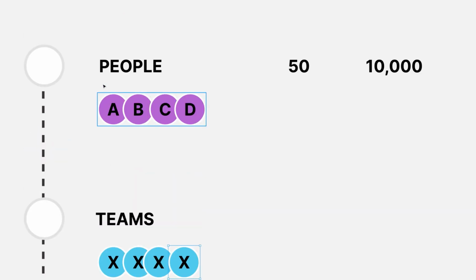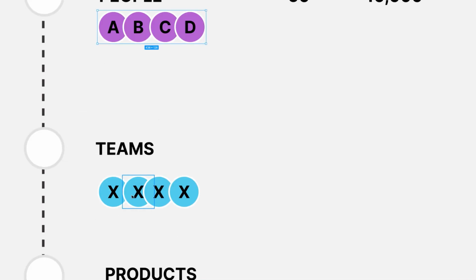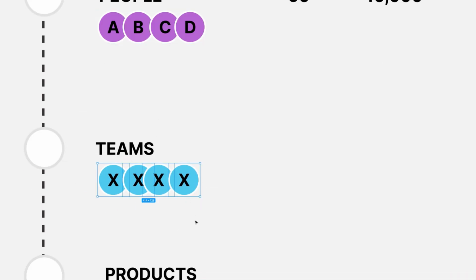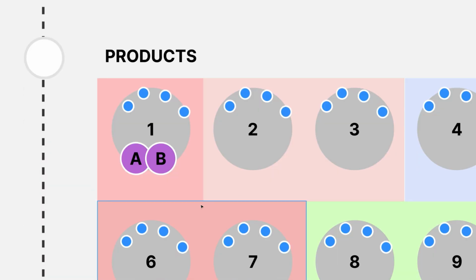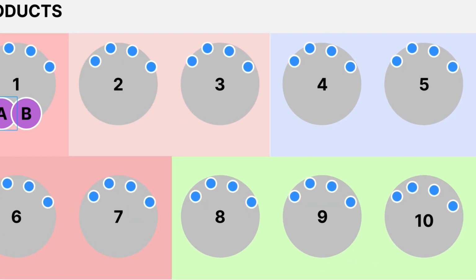And I'll also show what that looks like. But the first steps that we need to do, we need to understand the people, and then we need to understand the teams. Then what we want to do is start to understand the products and services that are supported by those people and by those teams.